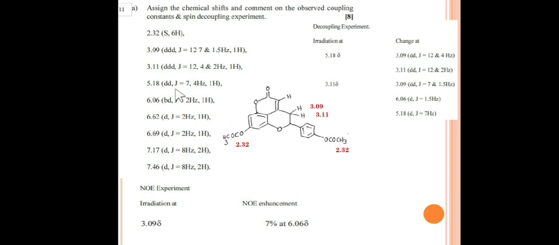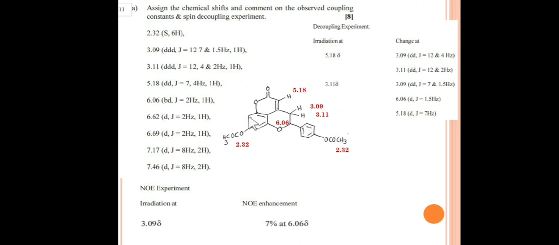So among these two protons, this one will be at 5.18 and the other, which is showing a doublet of doublet with these two protons, is at 6.06. There is only one coupling constant because they are both vicinal to this proton. So it will become 6.06. Okay, most of the proton signals we have assigned.